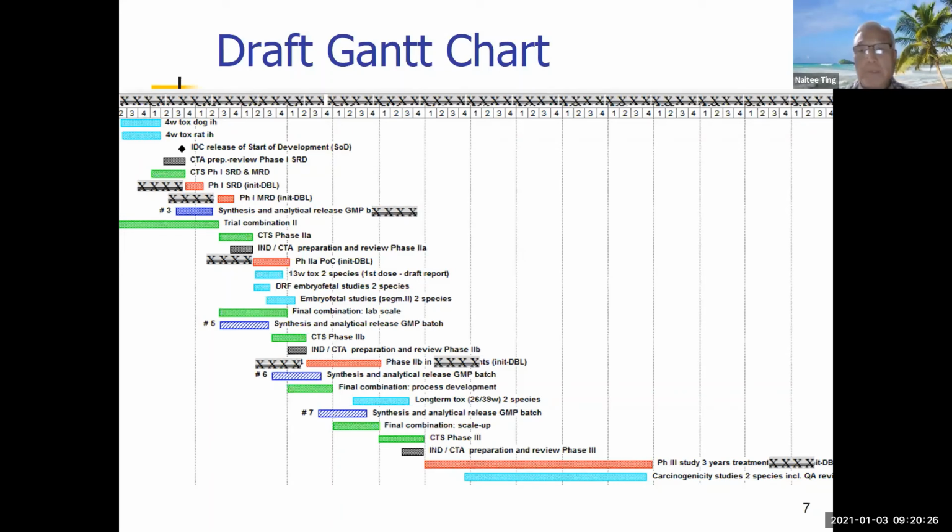Phase 1, we start with a very low dose. That's why I mentioned NOAEL is very important. The toxicology group will have to come up with a dose that is so low, it does not cause any problem.